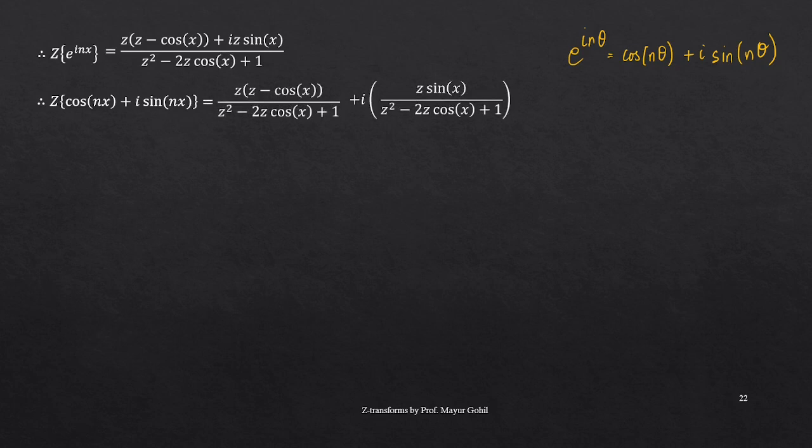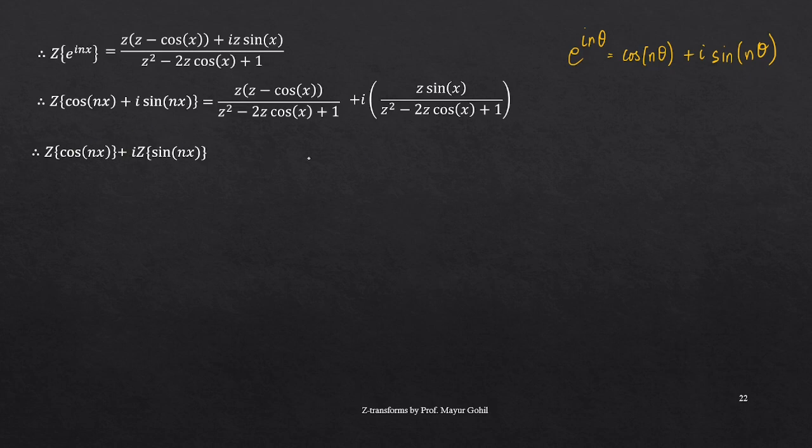And we now on the RHS separate the denominator. We give that denominator to the real part and also to the imaginary part. On the LHS, what has happened? Can you see that the z has been distributed over the plus sign, and i as a constant has been taken out.